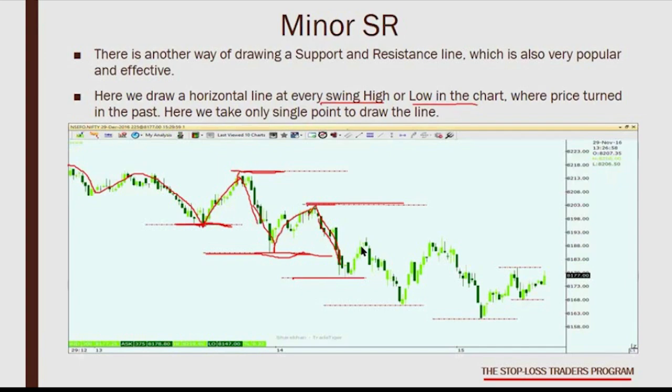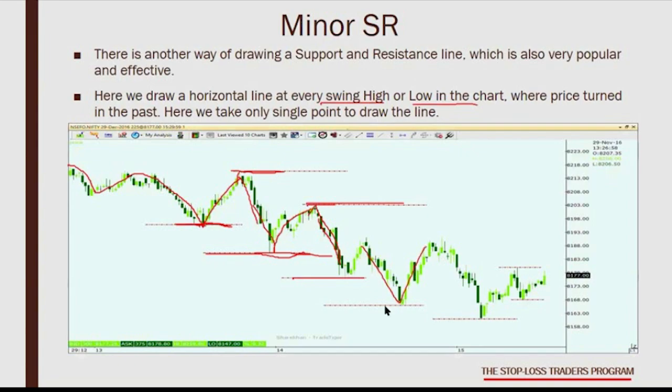So here, as you can see, if I go to the bottom at this area, price fell down here, bounced, came back to that area, so we got our support area here. Price went up, and when price came back, it gave a reaction from that level. So this is our major support, right?